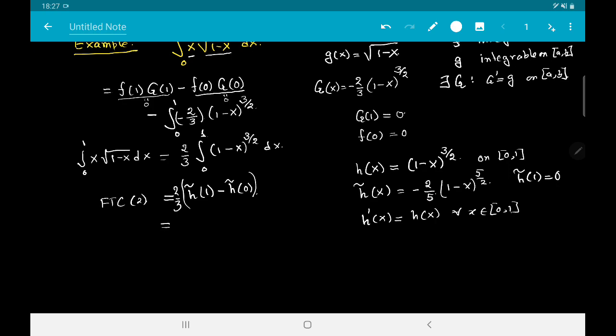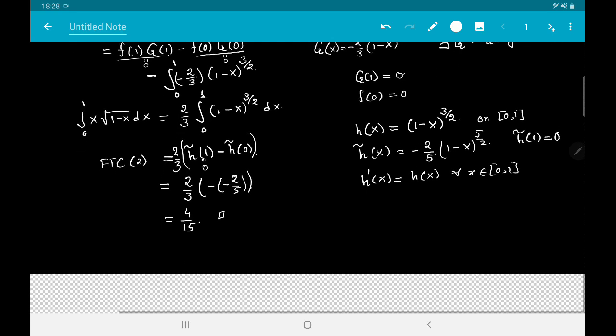And h tilde of 0 is going to be minus 2 by 5. So this is going to be 2 by 3 times minus of minus 2 by 5, and this is going to be 4 by 15. So this is how we are going to use our result on integration by parts.